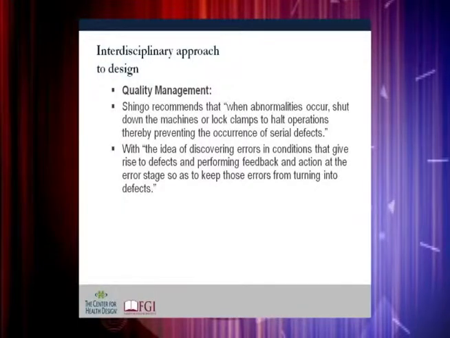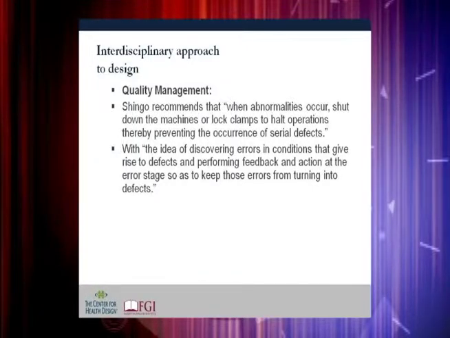And in quality management, Shigeo Shingo was the coiner of the term poka-yoke. If you tell that to your Japanese friends, they won't understand it because it's slang and it tends to be in the automotive industry. But he says that when abnormalities occur, shut down the machine or lock clamps to halt operation, thereby preventing the occurrence of serial defects.